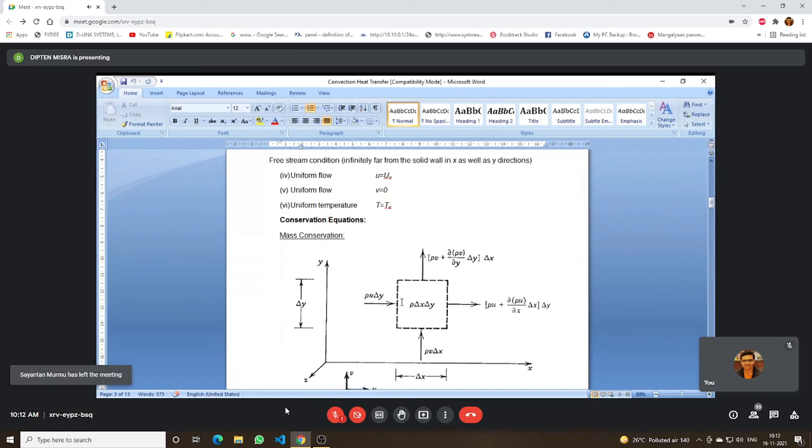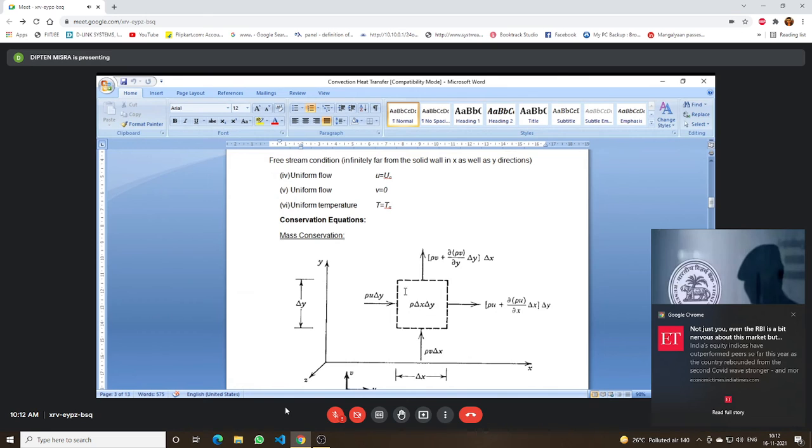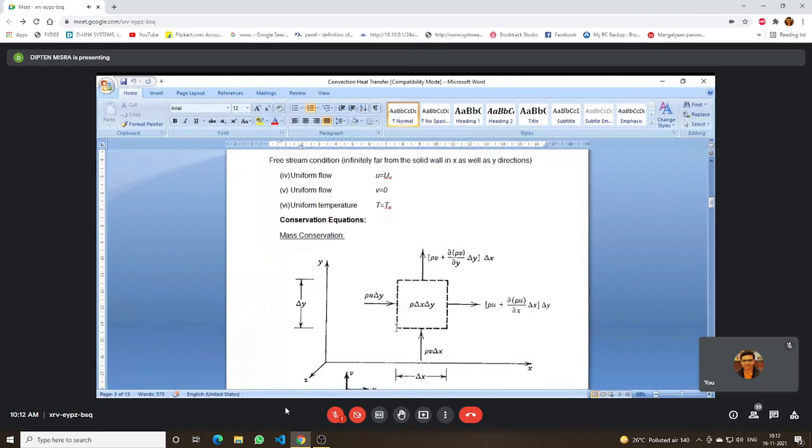So we take a two-dimensional control volume with a depth equal to 1, and the dimension of this control volume is given by delta x along x and delta y along y, and this corner may be situated at a distance of x comma y. Okay, and what z doesn't matter, because at each and every z it is the same.